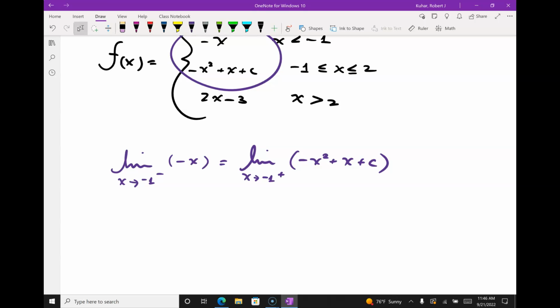Is there a problem with me? What's the first thing we ever learned about a limit? What do I actually want to try first? Yeah, plug it in. That's all I have to do here. I plug it in. So what do I get on the left? I get the opposite of a -1 equals the opposite of a -1² plus a -1 plus c.